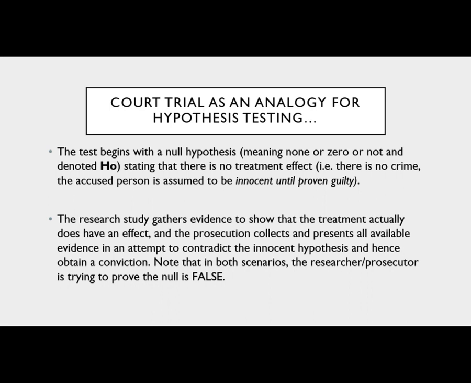So it's on the researcher. The research study gathers evidence to show that the treatment actually does have an effect, just like the prosecution collects and presents all available evidence in an attempt to contradict the innocent hypothesis and hence obtain a conviction. Note that in both scenarios, the researcher and prosecutor are trying to prove that the null is false.